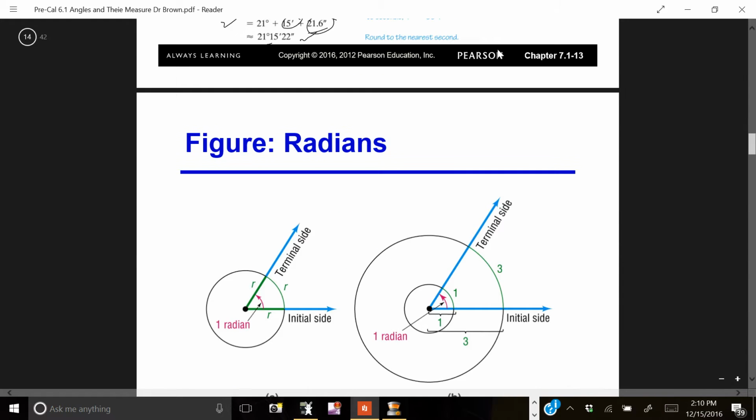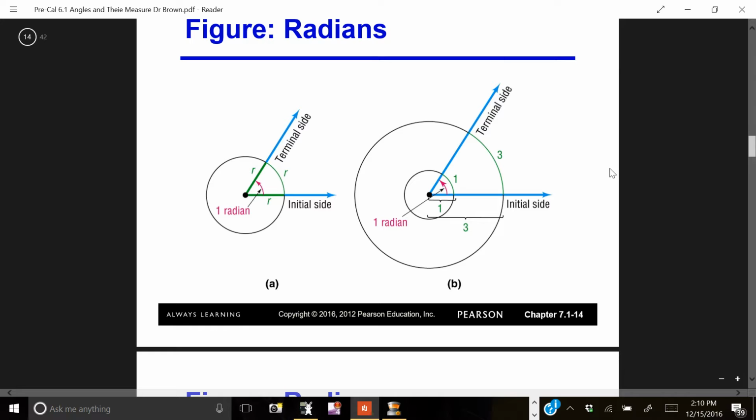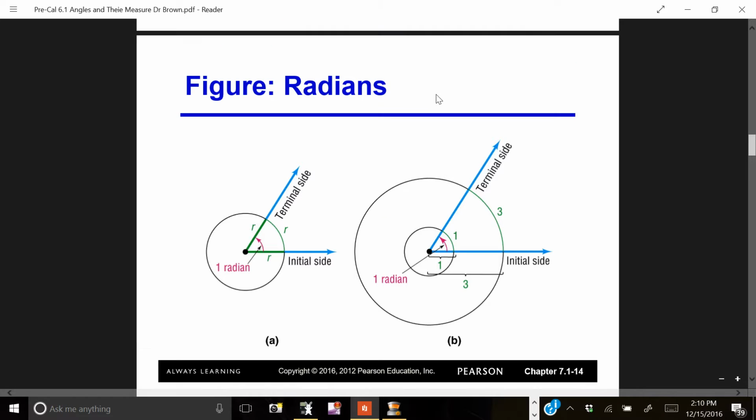Now, we're going to identify a new way of measuring angles, and this is to understand the measure of an angle in radians.